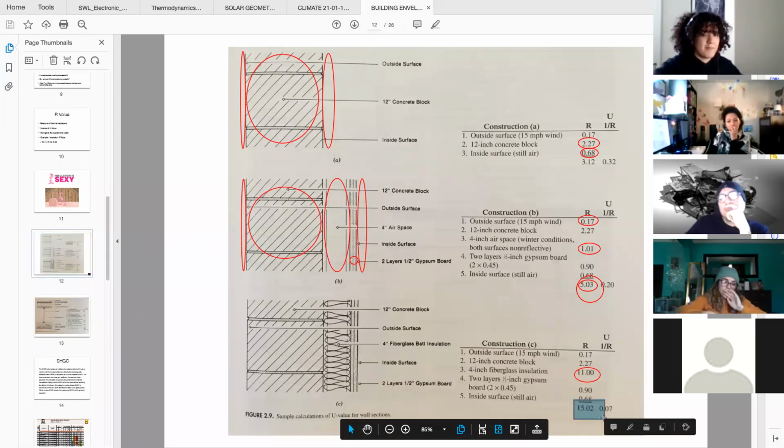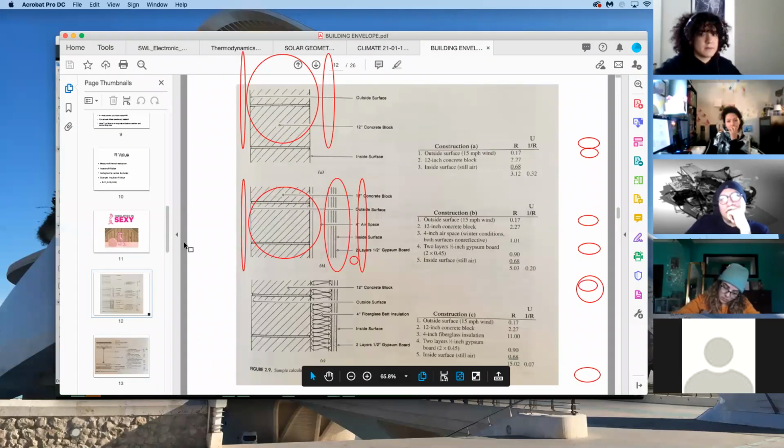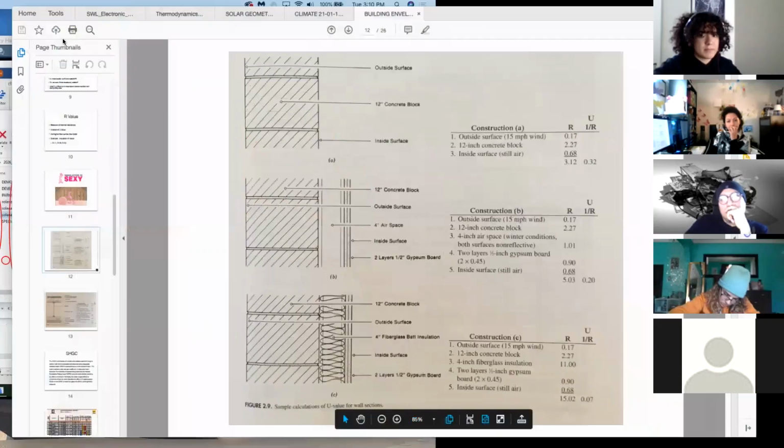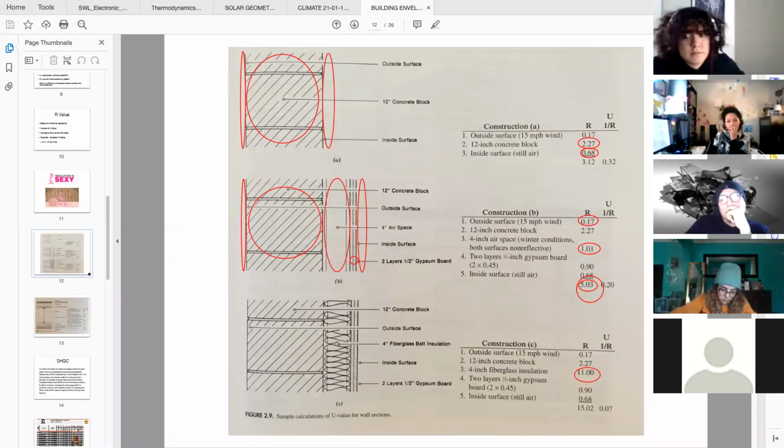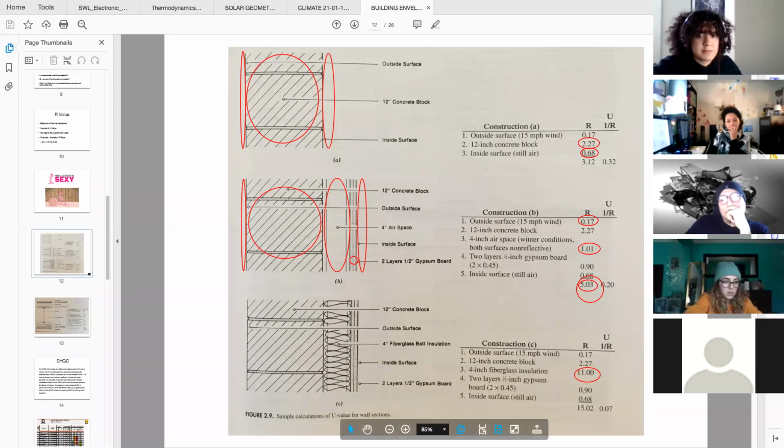Oops. That's not what I wanted. Go back there. Back to my circle. I'm moving this over here. There we go. So we have an R value of 15 overall for this wall assembly when we add in 4 inches of insulation.